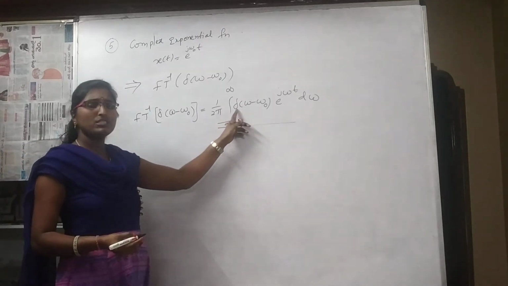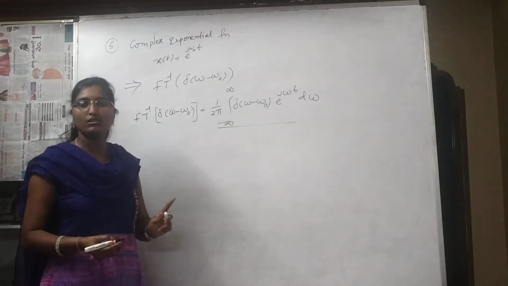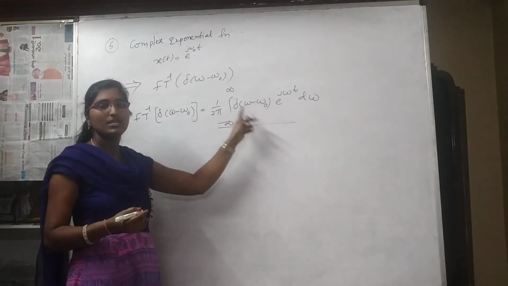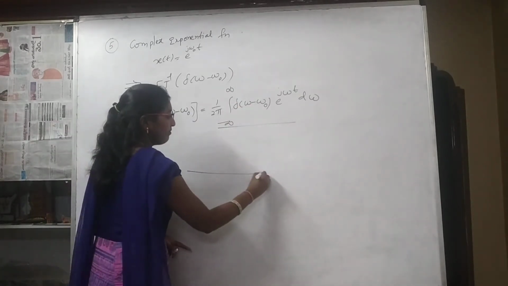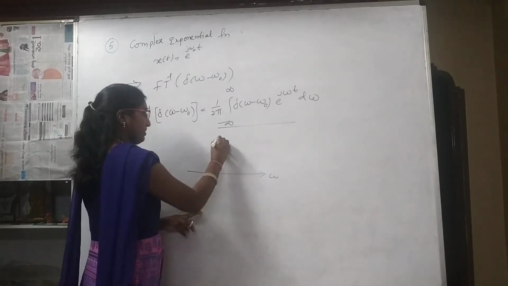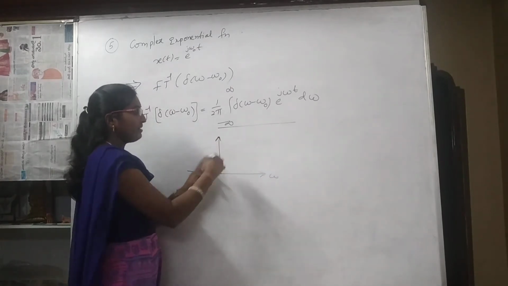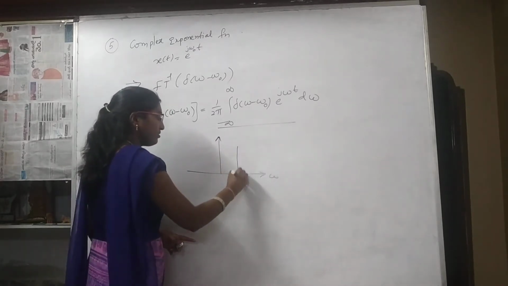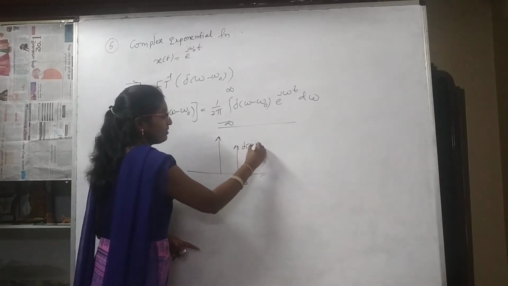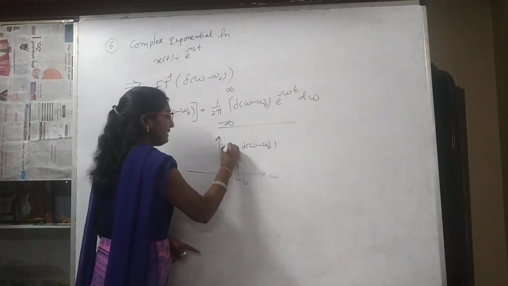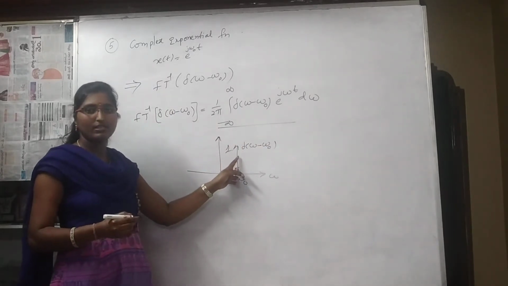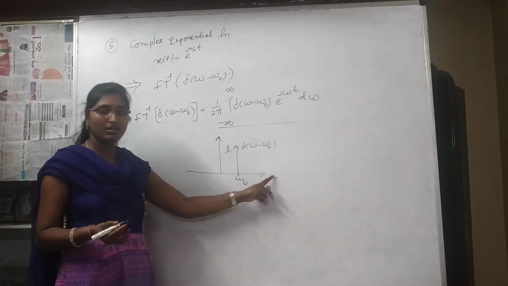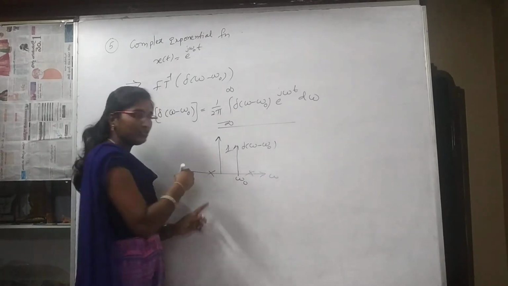And what is this function? Del of omega minus omega naught is a right shift. Del of omega is right shifted. For example, on the omega axis, this is del of omega, and it is right shifted by omega naught. Now this is del of omega minus omega naught. Here the amplitude is 1. At the remaining places of omega, the amplitude doesn't exist.